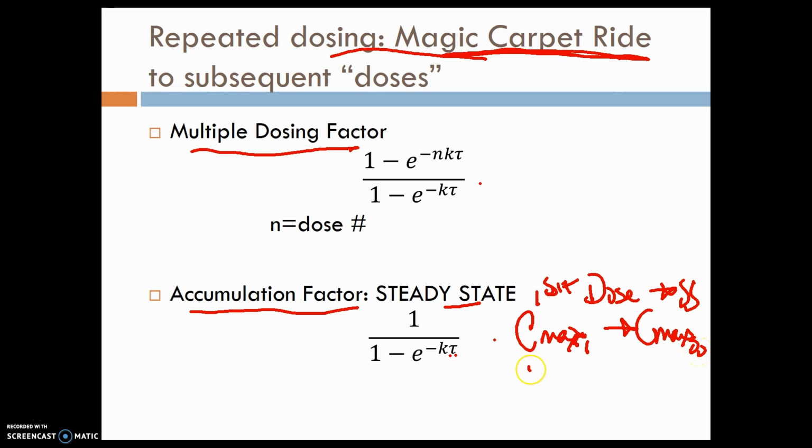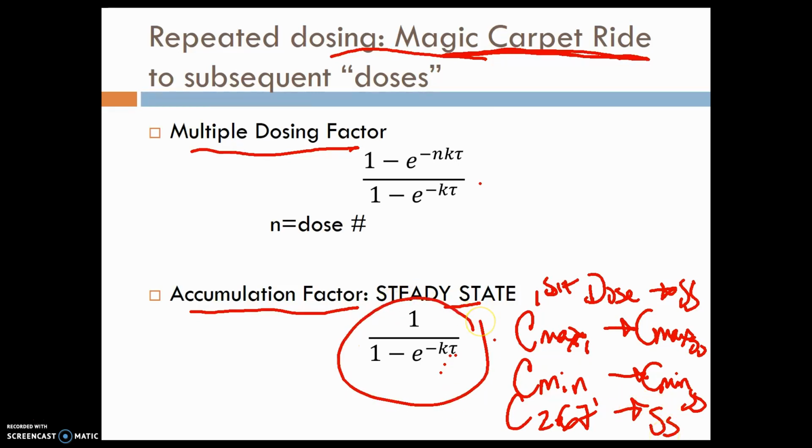If you want to know the Cmin, you take the Cmin of the first dose and multiply it times this, and it'll give you the Cmin at steady state. If you want to know what the concentration is at 2.67 hours, in other words, you can take any first dose information and then fast forward it to steady state. That's what this does for you.